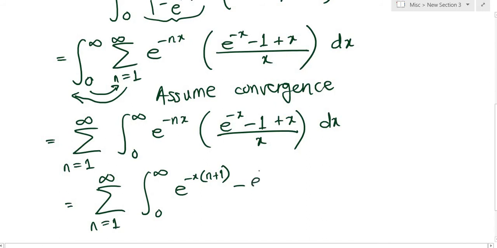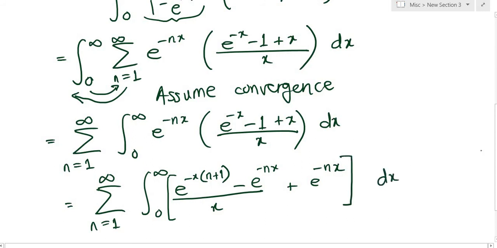So this will just be e raised to negative nx, because 1 times anything is that anything, and divided by x. Plus, and then when we multiply e raised to negative nx with this x, the two x's in the numerator and the denominator cancel out, and we can write this as e raised to negative nx, but everything is under a common integral, so dx.